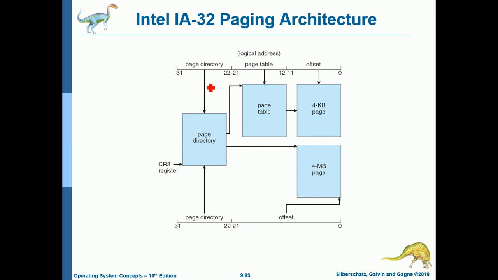Bits 0 to 11 are the offset, bits 12 to 21 point to the page table, and bits 22 to 31 are the 10 high-order bits that reference an entry in the outermost page table. The CR3 register points to the page directory for the current process, and the page directory points to the inner page table.